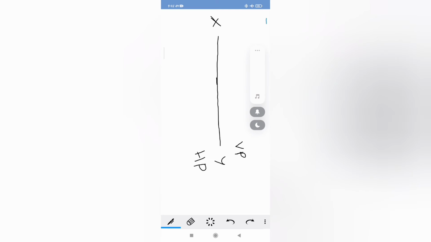Let us assume that the line is 20 mm above HP and 30 mm in front of VP, parallel to both the planes. You can see the true length of the line from both front view and also from the top view.